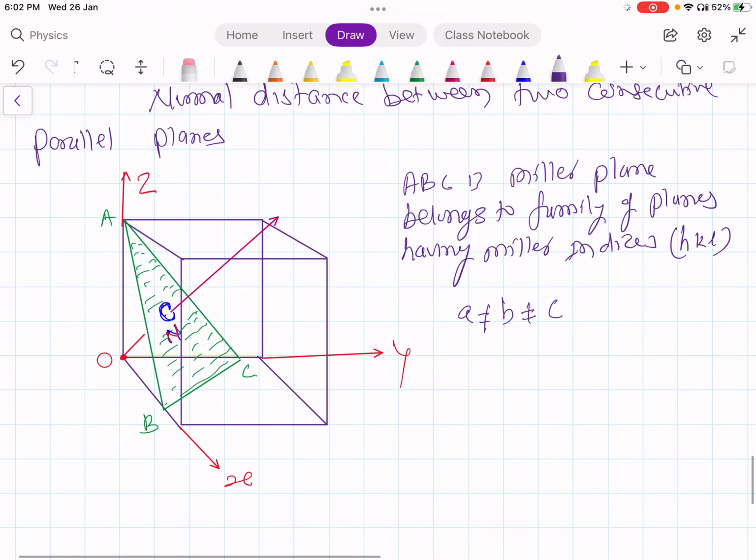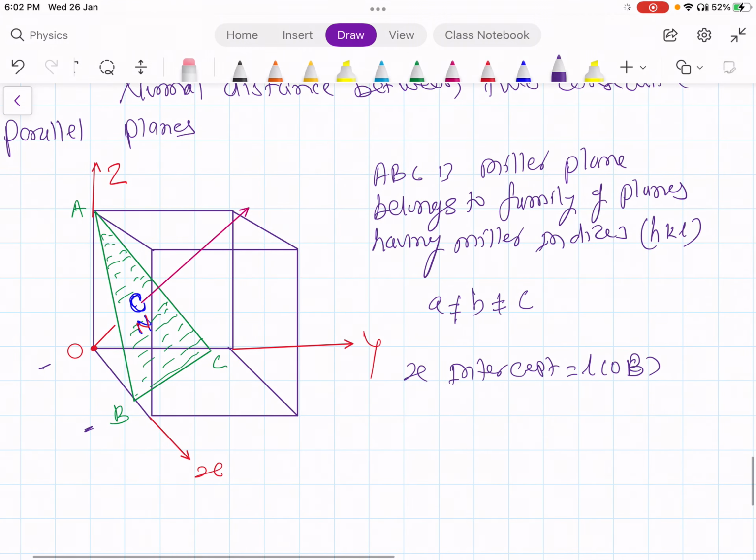And so the x-intercept of this plane is length OA, and that is equal to a by h. a is not 1, so the intercept is a by h.